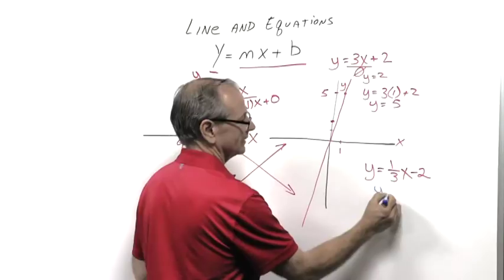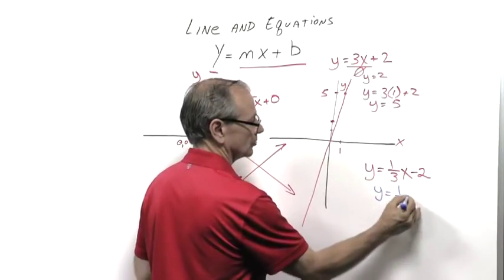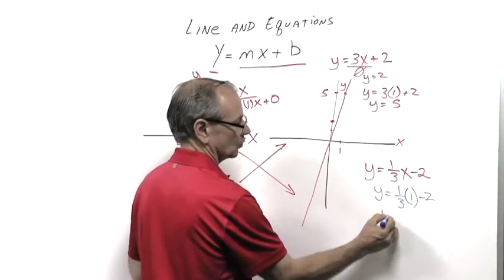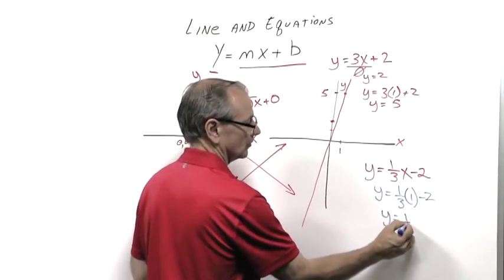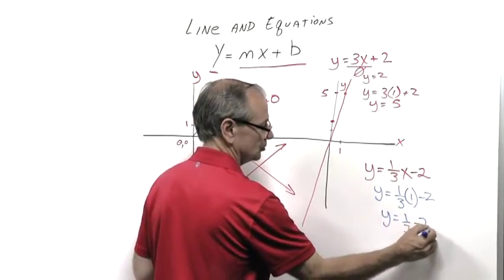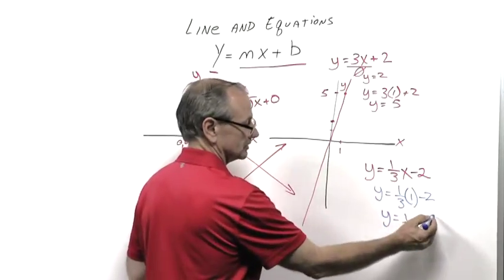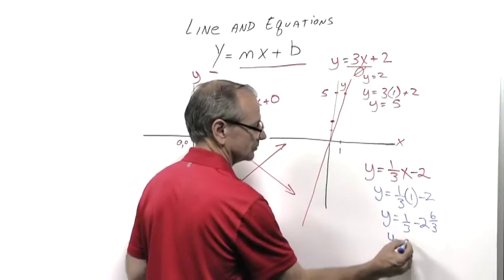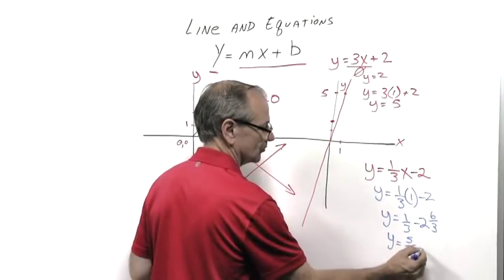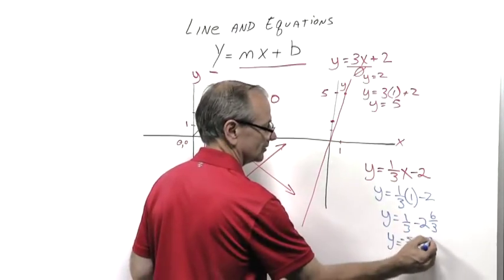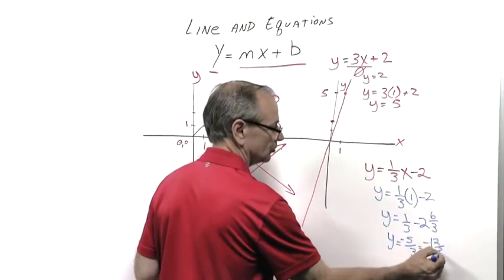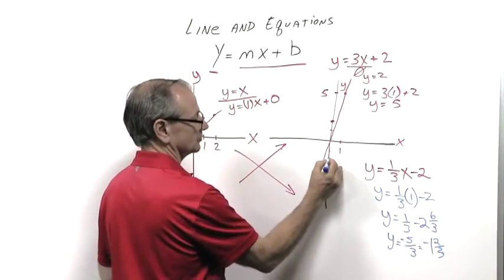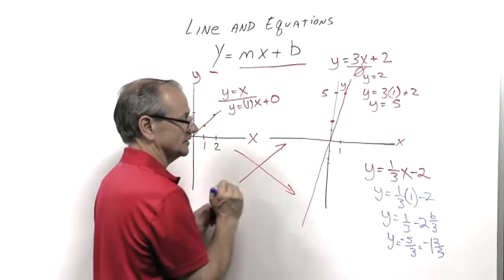That means y is equal to 1/3 of 1 minus 2, which means y is equal to 1/3 minus 2. Well, 2 is actually 6/3, so that means y is equal to minus 5/3, which is equal to minus 1 and 2/3. So we'll come down, that would be y equals 1, y equals 2. We're talking about some point right here.